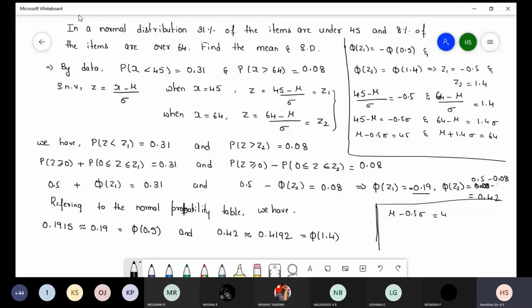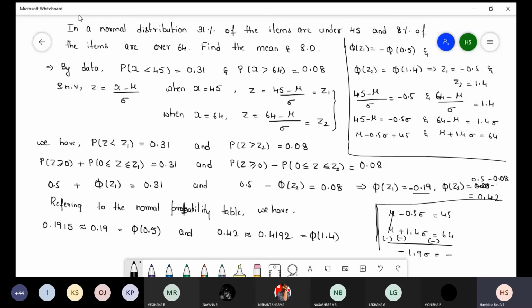Again mu plus 1.4 sigma is equal to 64. Change the sign. Mu will get cancelled. So minus 0.5 minus 1.4 is minus 1.9 sigma is equal to minus 64 plus 45.